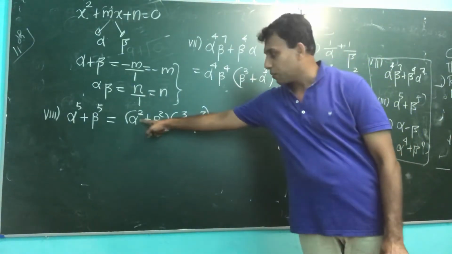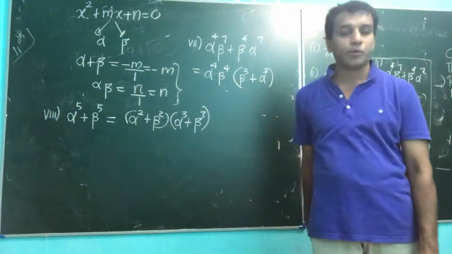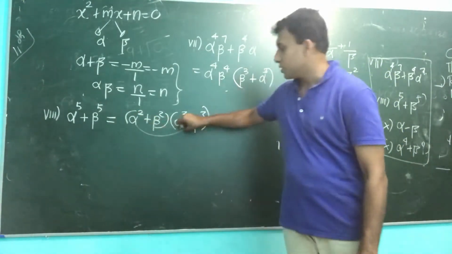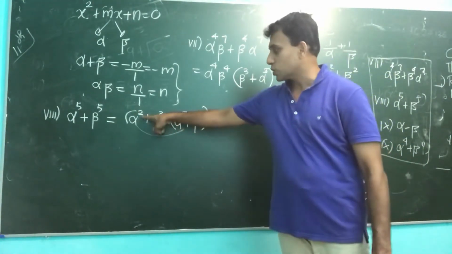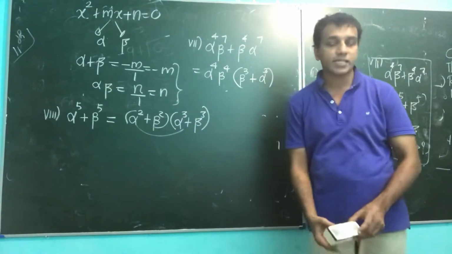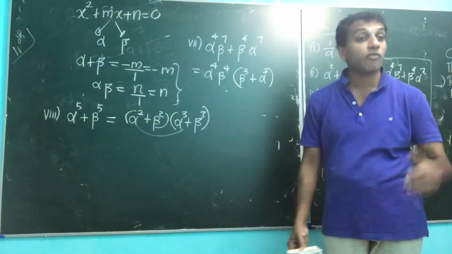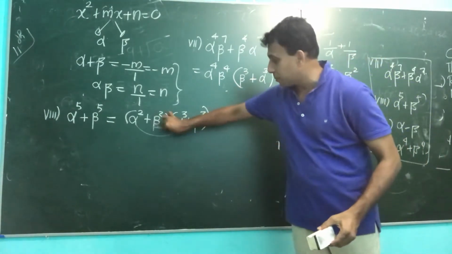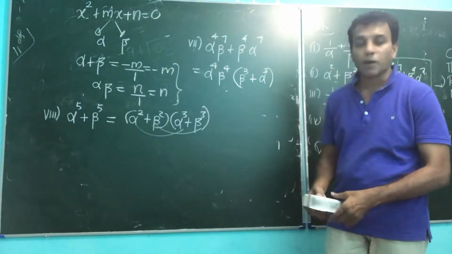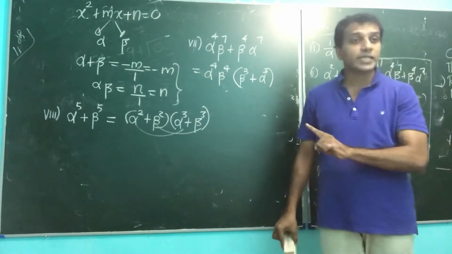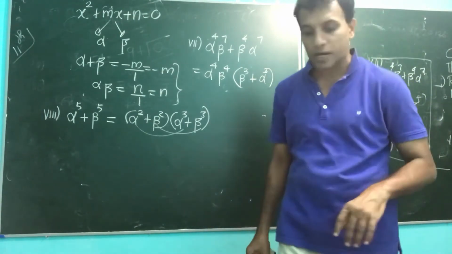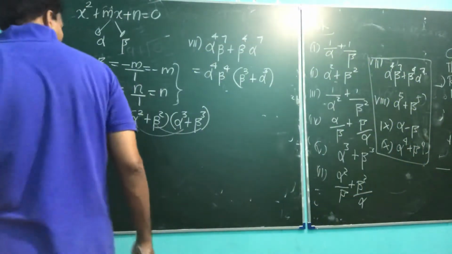If you multiply these two brackets, alpha square times alpha cube, the bases are the same so add the powers, that is alpha power 5. The same way, multiplying the last two gives beta power 5. But some other terms are additional extra parts, right? Therefore you have to remove those extra parts.